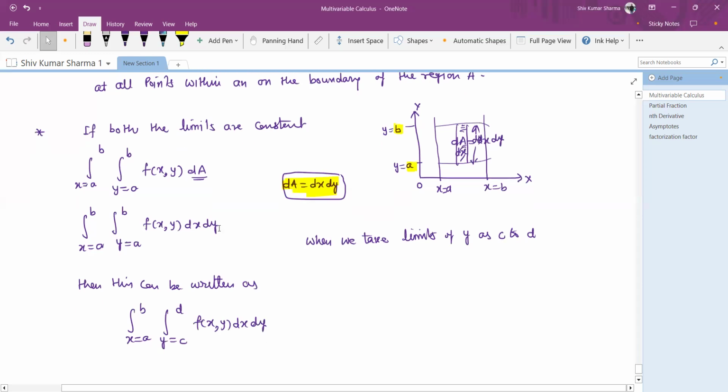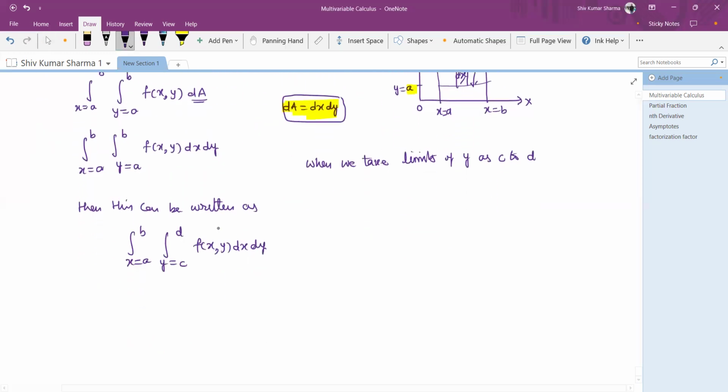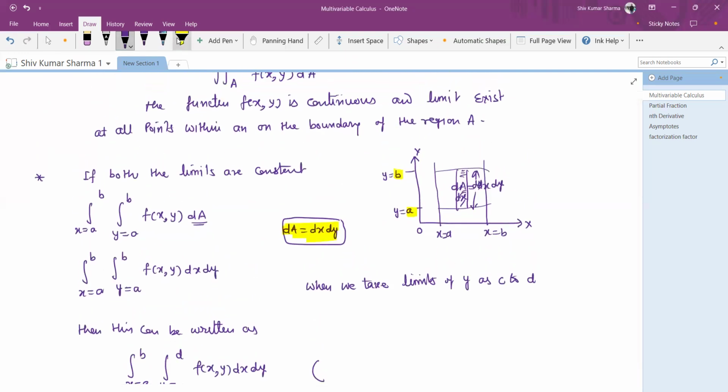This is the double integration form. Here both limits are constant. So when both limits are constant, now we talk about how to integrate that.